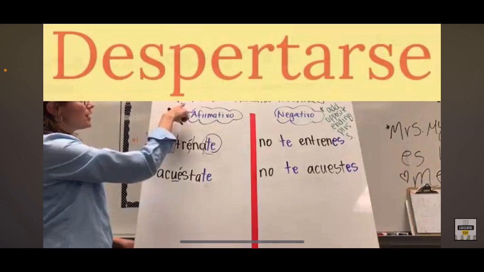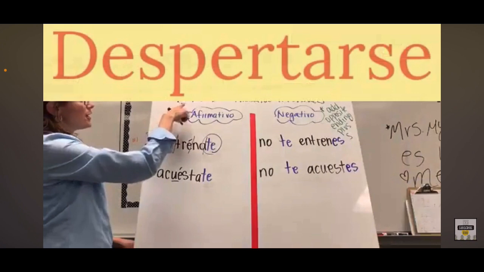Okay, so let me explain the difference again before I go to this verb. Acuéstate. In the positive, the reflexive is attached at the end, and there's an accent mark on the third syllable. For the negative, we add no first, so we can clarify that it's a negative.